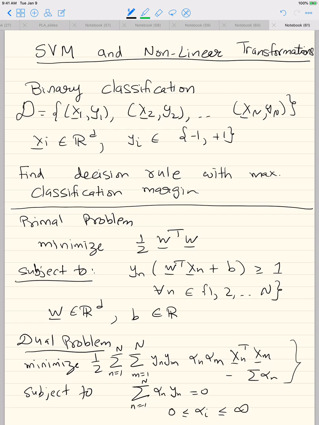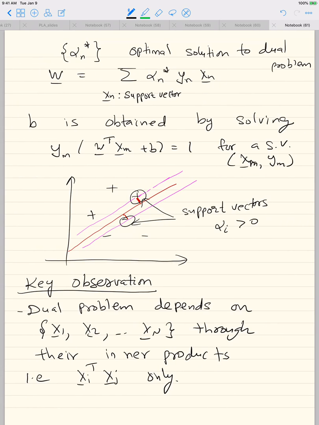So if you look at this dual problem carefully and look at how W and B are obtained, we do not have to actually directly deal with x1, x2 up to xN. All that matters is the inner products between xi and xj for any i and j.